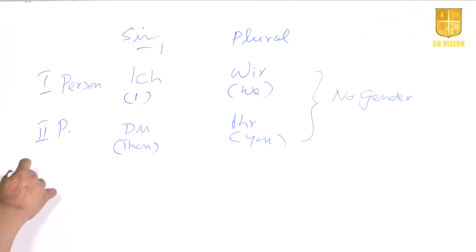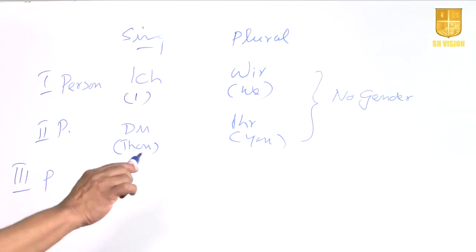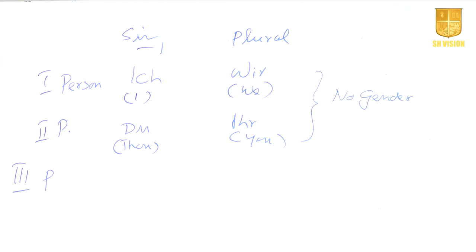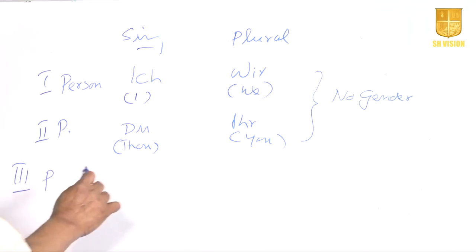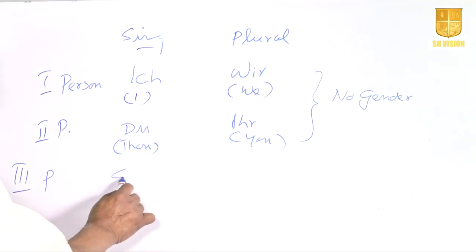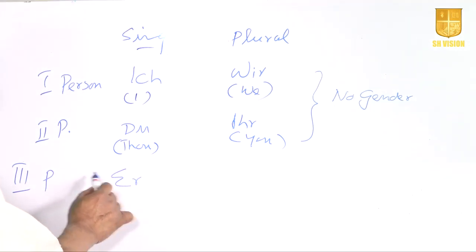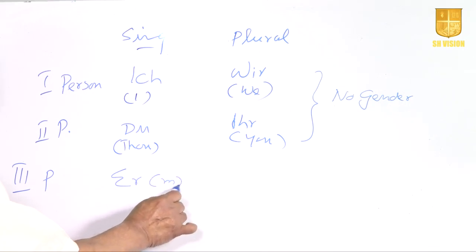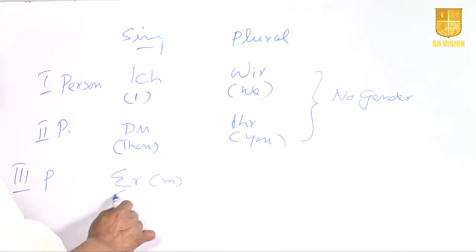Third person has gender. That means I, you, then the third person is he, she, it. It has gender. Er is masculine, he.